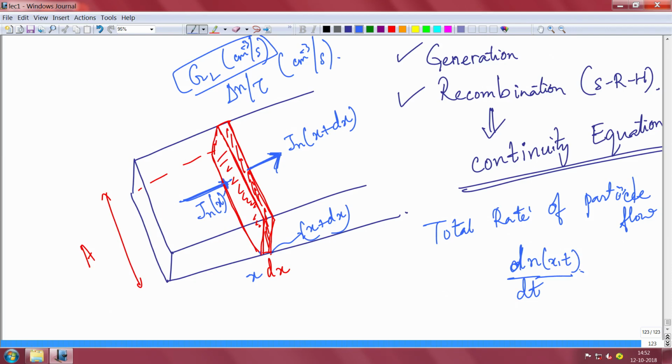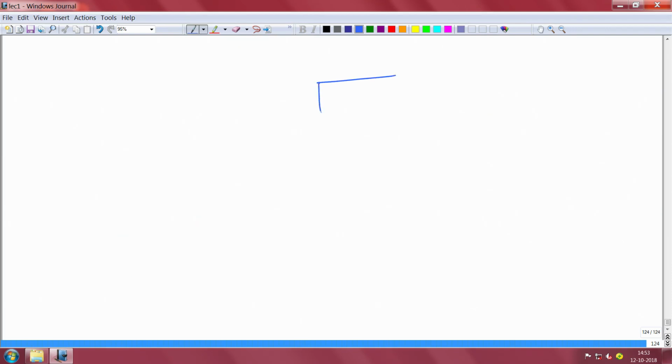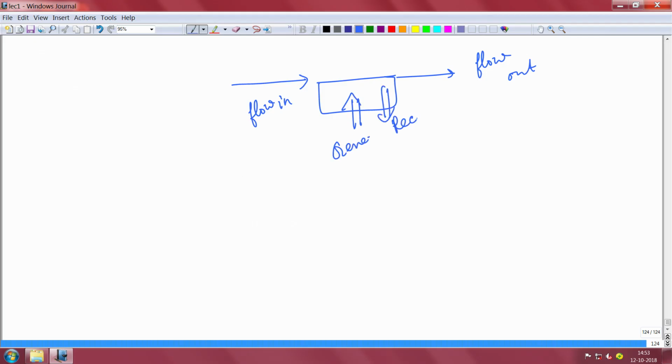This is the rate at which particles are changing here. And what will that rate be? There is a current flowing in, there is a current flowing out, there is generation here, and there is recombination loss, so particles are lost here too.